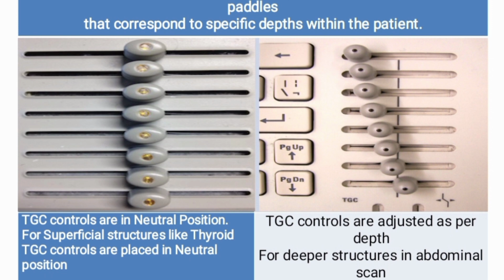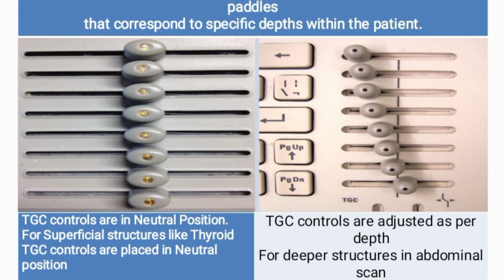For example, in this image on the left, the TGC controller is in neutral position for superficial structures like thyroid tissue, because it's a very small field of view that you require. So you may not necessarily need the far end, just adjust your depth and select the right probe.